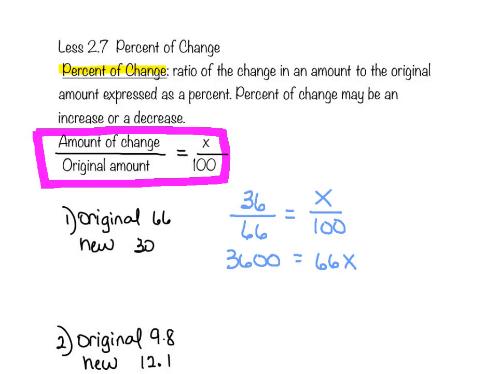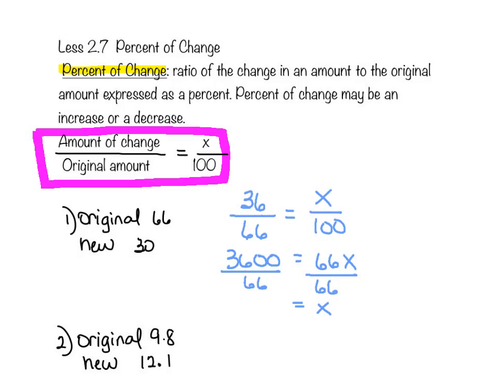Now we're ready to solve for X. In order to isolate X, I need to divide both sides by 66. And so when I divide 3600 by 66, I get 54.545454.